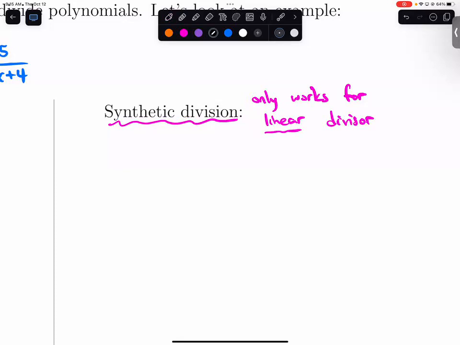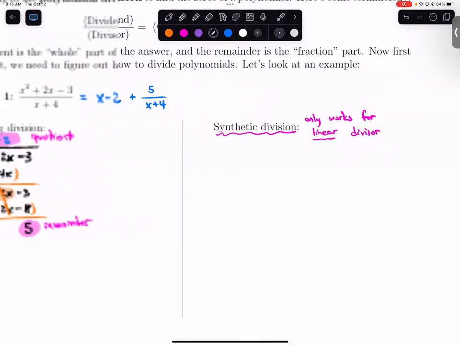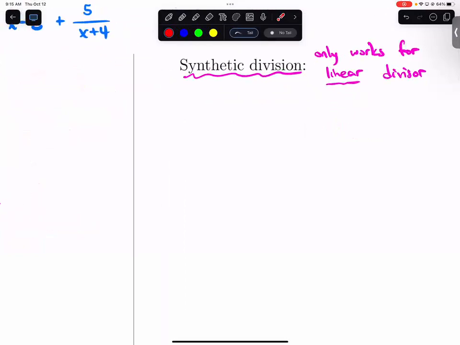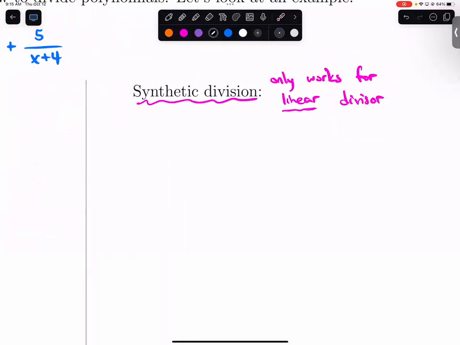So what we do for synthetic division is take the thing we're dividing, the dividend, right? x squared plus 2x minus 3. I've got the quadratic, the linear, and the constant term. If I just keep those in order, just like we do for quadratic formula or whatever, then if I just keep track of the coefficients, that gives me enough if I already know that they're in order, right?